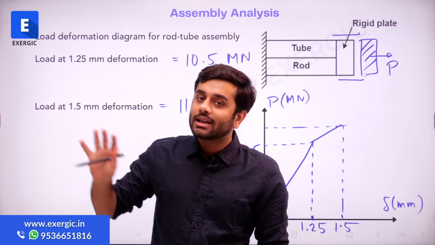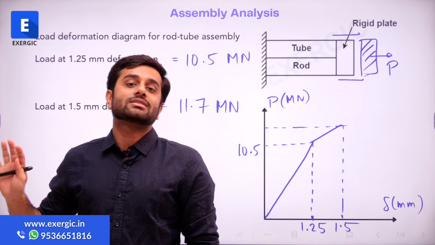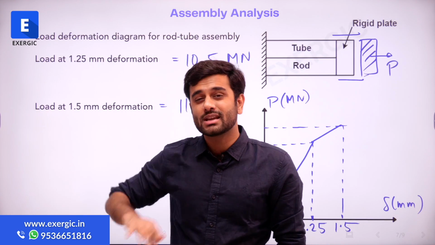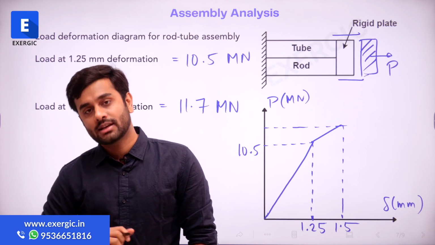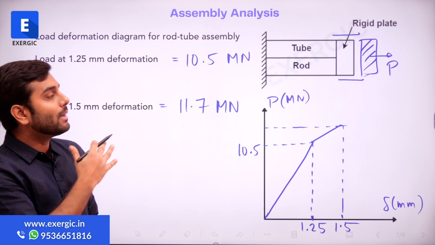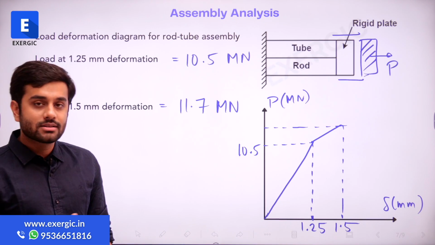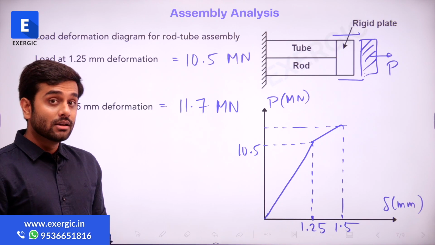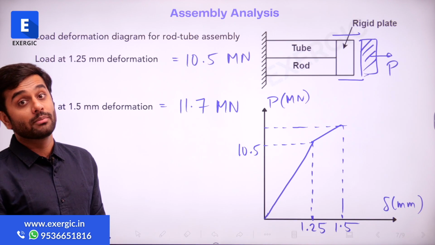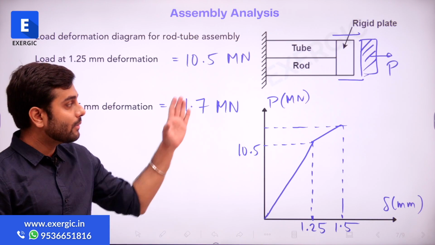It is not like the sigma, epsilon or stress strain diagram, which is drawn generally to analyze a material, right? For this combined assembly, it will not make a lot of sense to have a sigma epsilon diagram or stress strain diagram. But for such an assembly, it will make a lot of sense to have a P del diagram.